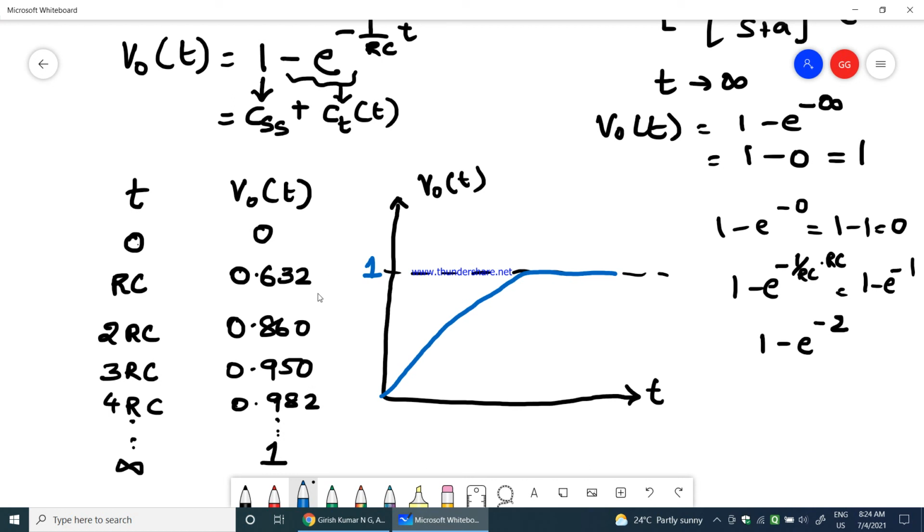Now you see the values will be 0.632, 0.860, 0.950, 0.982, 0.986. It keeps on giving nearly the same value, 0.98, 0.99, and until it becomes infinity, it reaches 1 anyway. So this curve is nothing but 1 minus e power minus 1 by RC into t, what we got. So this is the unit step response for a first order system.